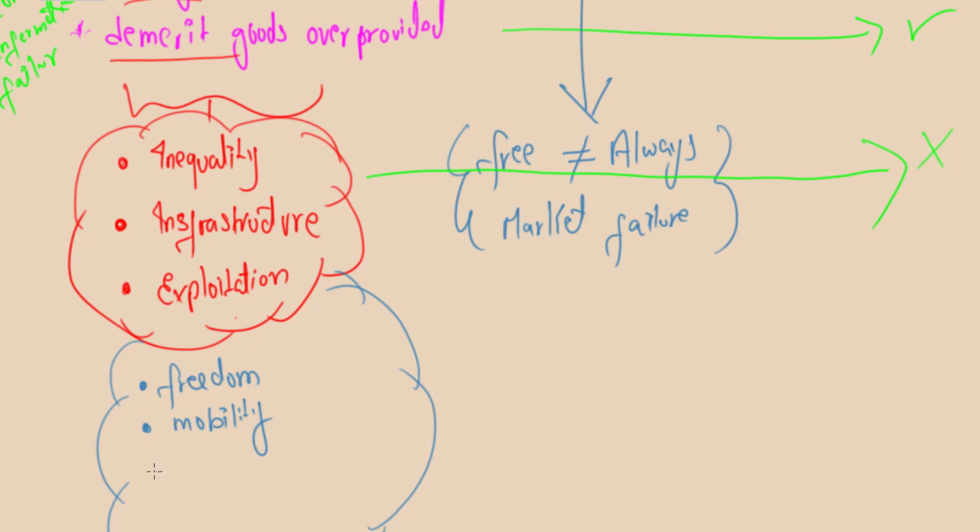The third advantage is that there's efficiency and effectiveness. Because in market economy, profit is the main name of the game, and people try to make as much profit as possible. Theoretically speaking, they tend to be more efficient. They try to make the process as cost effective as possible.